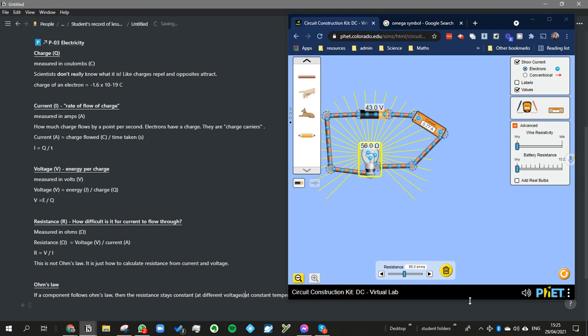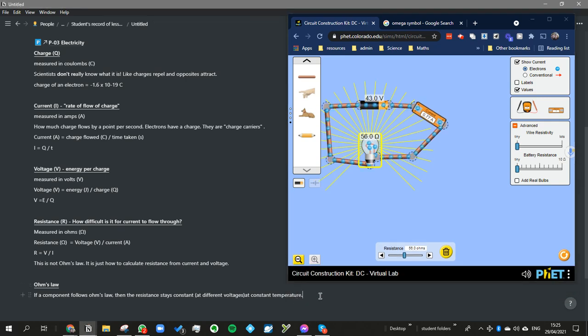Let's just move this up. Yes, that's exactly what it means. So now, if we plotted this on a graph, and we'd probably want to do a bit more of this next time, if we plotted voltage against current on a graph, you would get a straight line, because the gradient is going to be y over x, either voltage against I or I against V. So the gradient will always be constant because the resistance is constant.